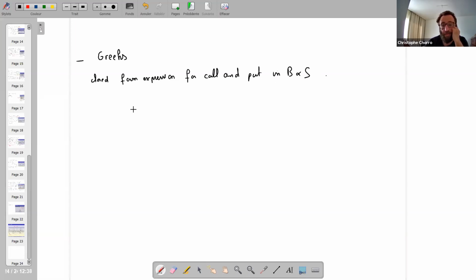A natural question is how to obtain them. The first step will be for more general contingent claims.